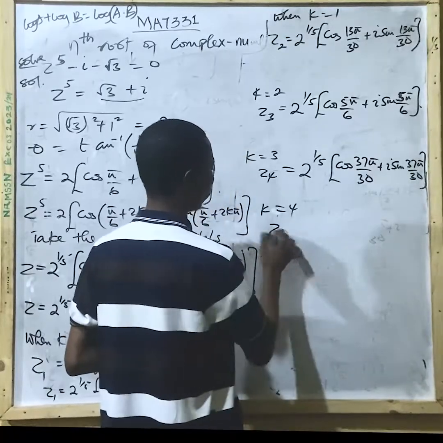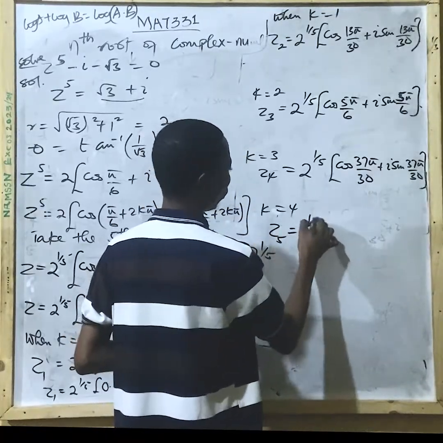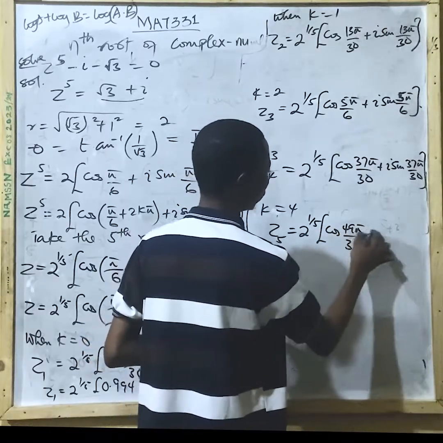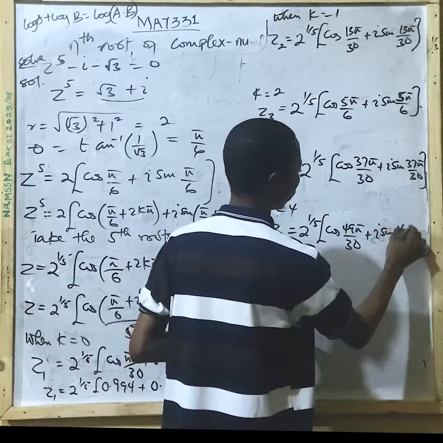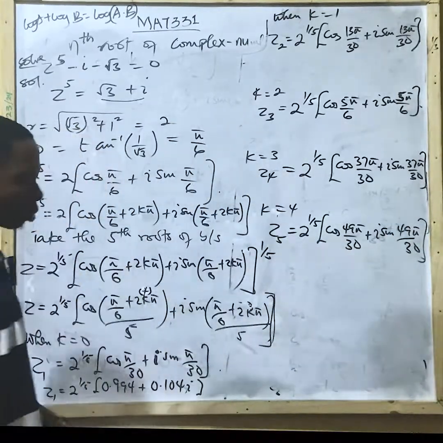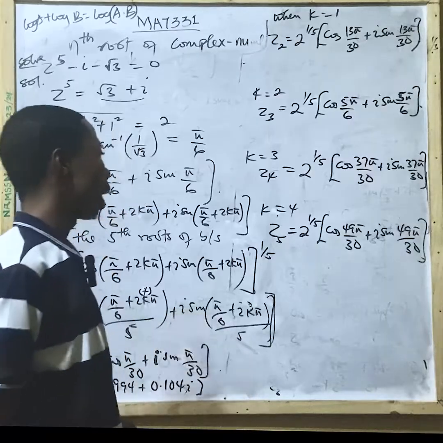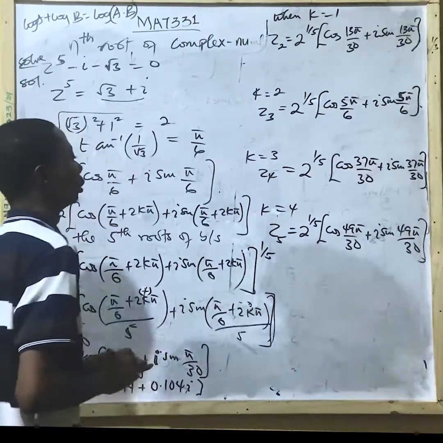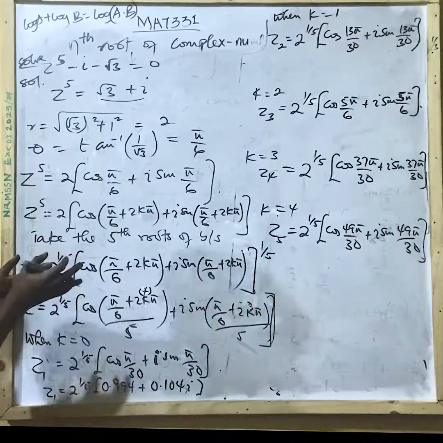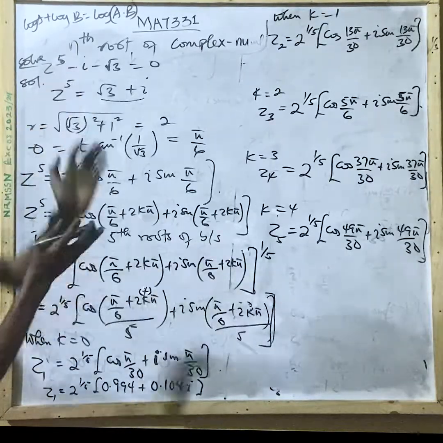So z5 is equal to 2 raised to 1 over 5 into cos 49 pi over 30 plus I sine 49 pi over 30. Then whatever cos 49 pi over 30 and sine 49 pi over 30 are, that's our z5. So that is how to solve a complex equation, the nth root.